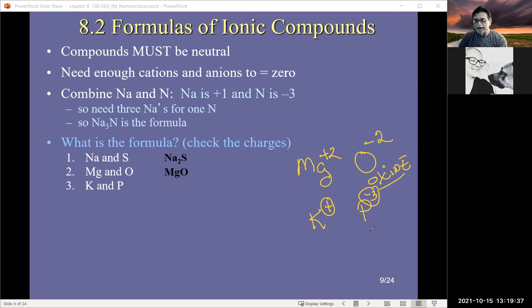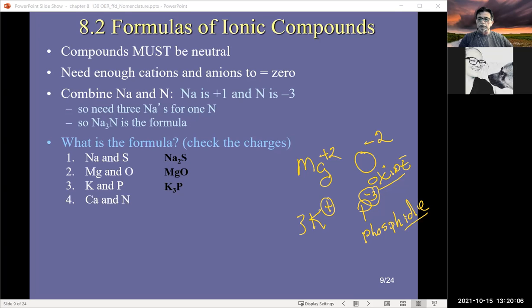Its name also now changes to phosphide. So we need 3 potassium ions to cancel out the -3 of the phosphide. So its formula now is K subscript 3 P, for phosphide. Okay.